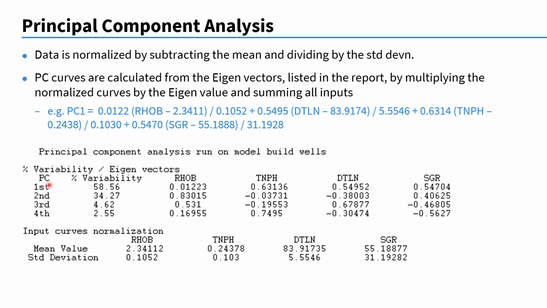You can see that PC number 1 has the highest percentage of variability, which is 58.56, and principal component 2 has the second one, which is 34.26. In the previous slides, on the what's new in 2019, I showed you how these eigenvectors can be represented graphically with the cross plots.